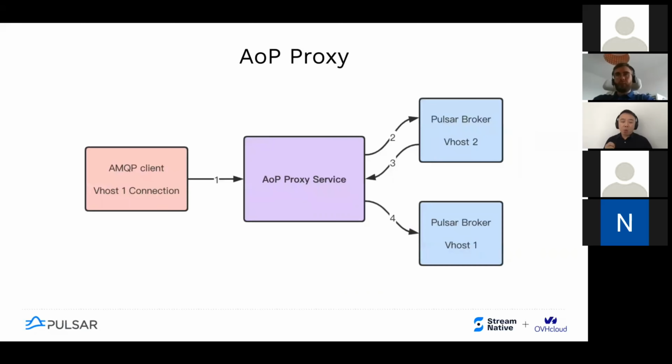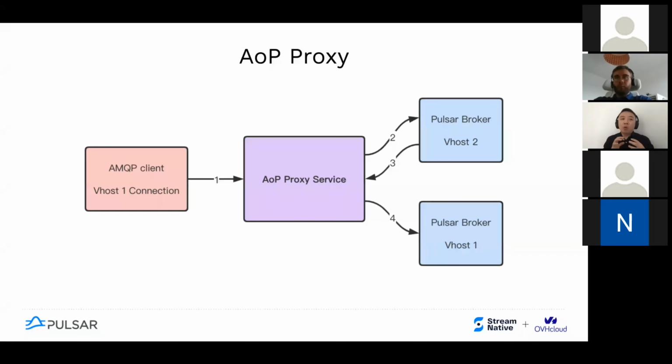And similarly to one of the challenges we mentioned in KoP, in AoP, because Pulsar is a distributed system, you want to give a single URL to your user, so the user can use that to talk to the AMQP queues and exchanges.